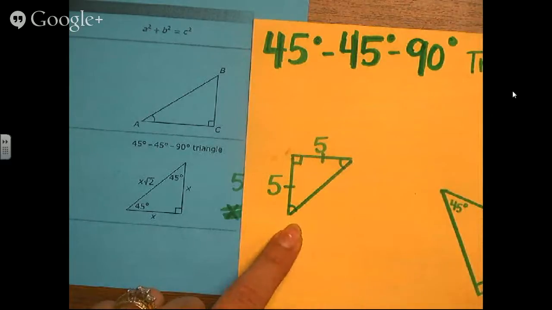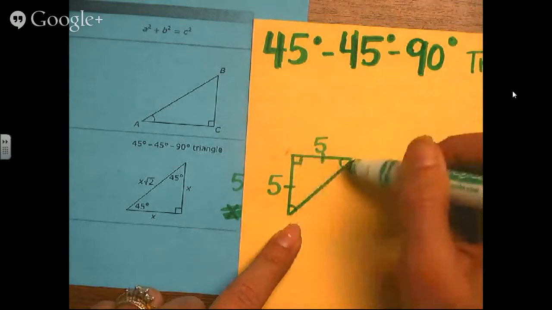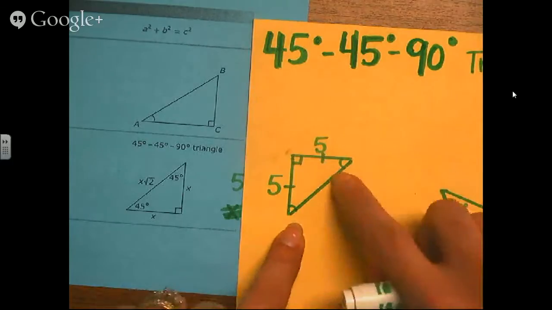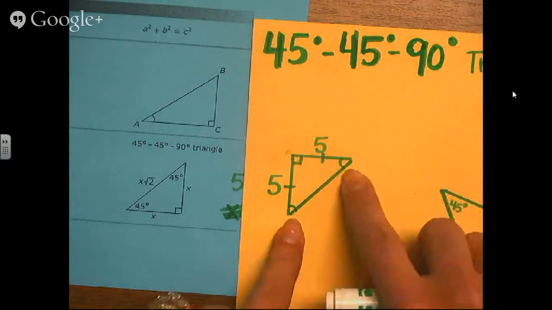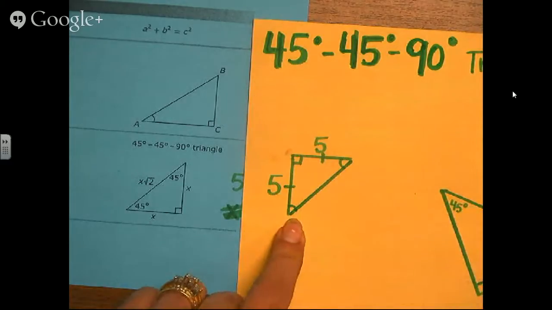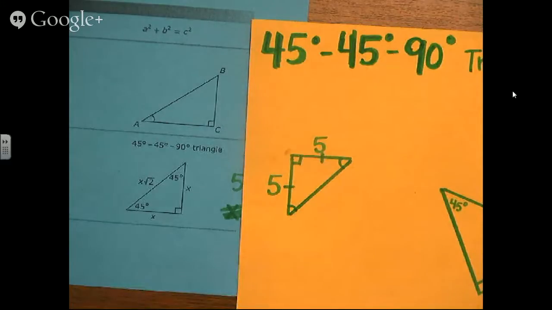Because all 3 angles add up to 180 degrees in a triangle, I can figure out that those 2 angles must both be 45 degrees. So even though they're not written in, sometimes you have a 45-45-90 triangle and you don't even realize it at first. So here's the best way, I think, to solve this type of problem.